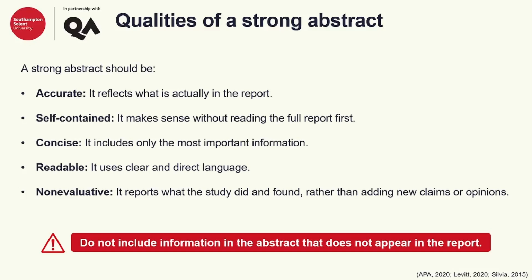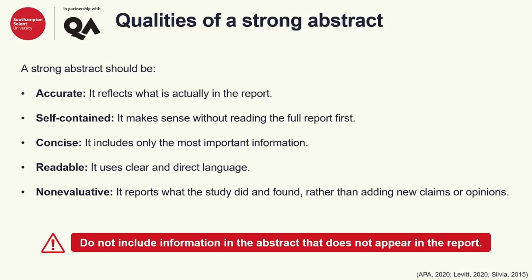Fourth, the abstract should be readable. Use clear, direct language and maintain a logical order. Because the abstract contains information from several sections of the report, it can easily become crowded. Clear sentence structure and appropriate linking words can help the reader follow the movement from the research aim to the methods, findings, and conclusion.